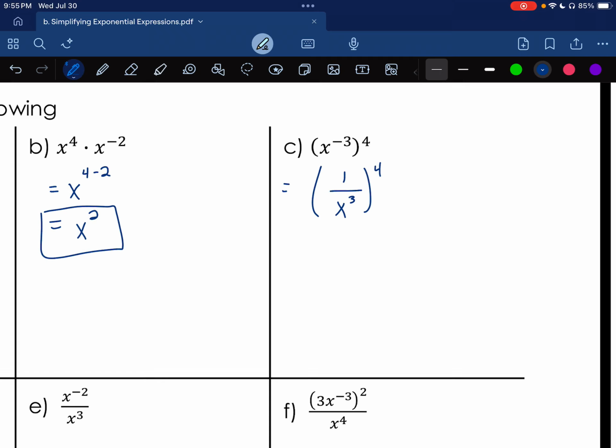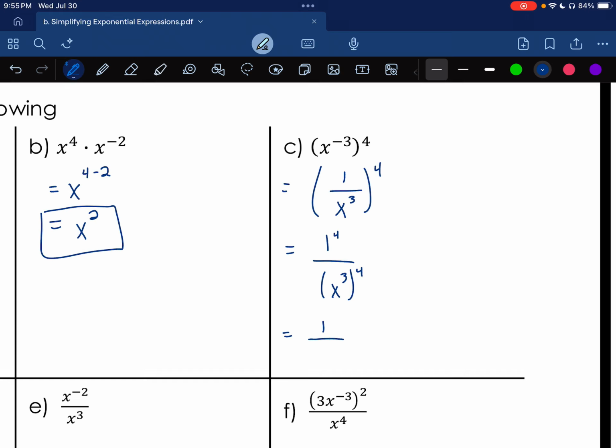We're going to raise the numerator and the denominator to the 4th power. So this will be 1 to the 4th over x cubed to the 4th. So that'll be 1 over, and now we get to use another property. We have a power to a power, so we're going to multiply those exponents. And so this will be x to the 12th.